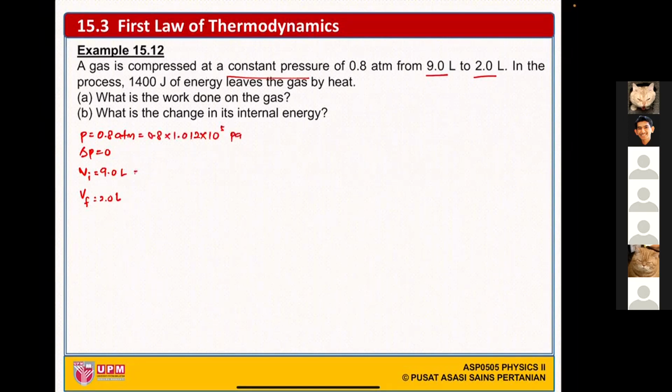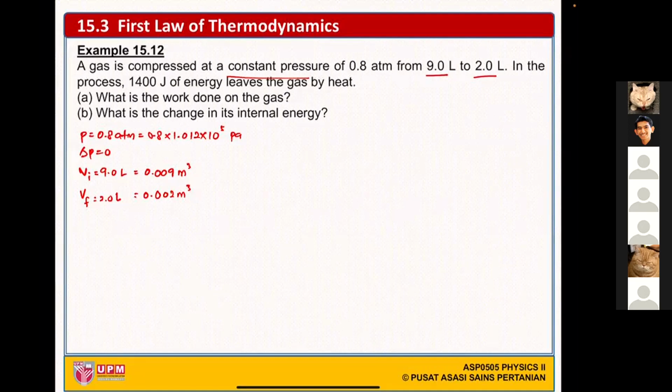Then liter kepada sentimeter kubik, kepada meter kubik berapa? Jadi 9 liter is equal to 0.009 meter kubik. Betul? And 2 liter is equal 0.002 meter kubik. Right?